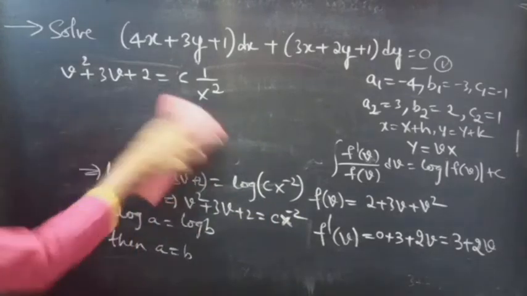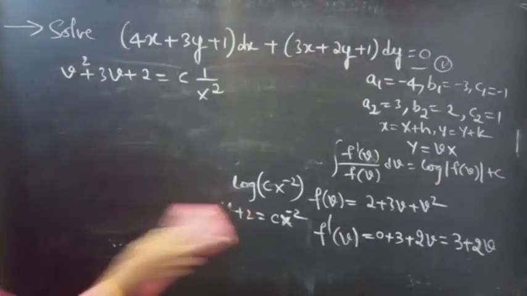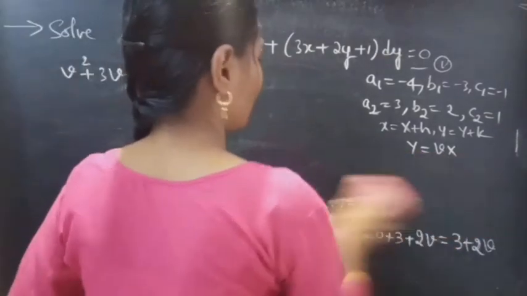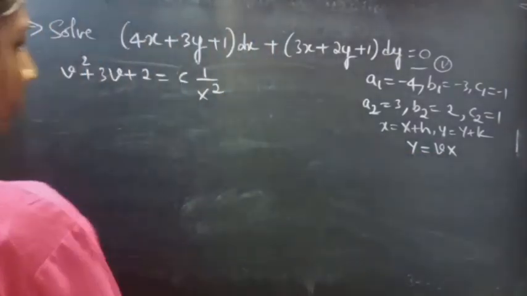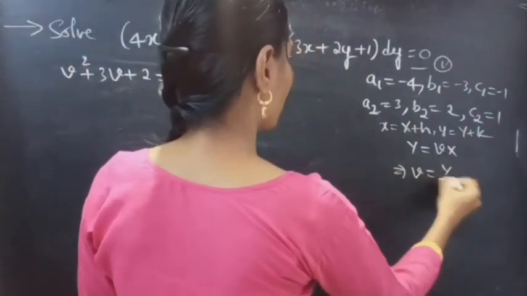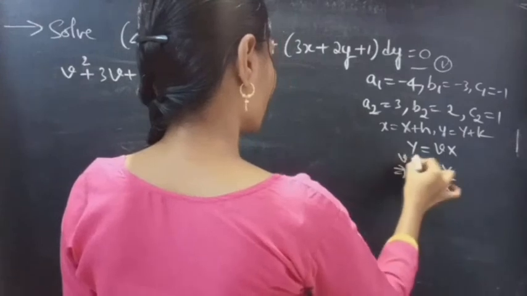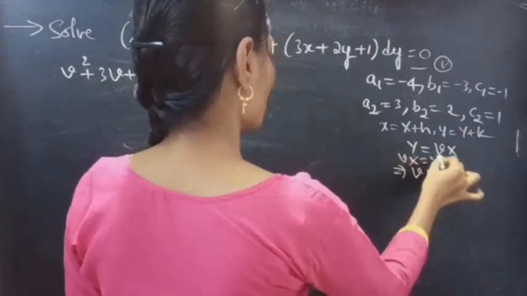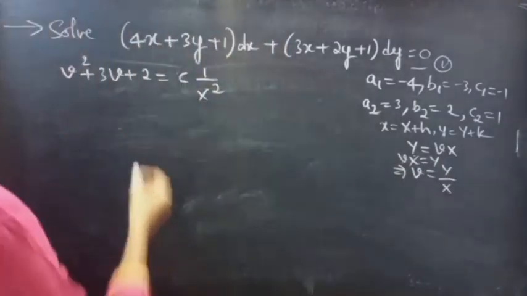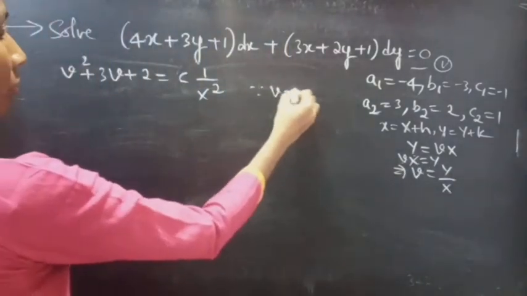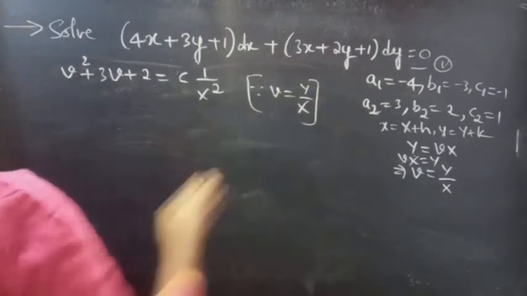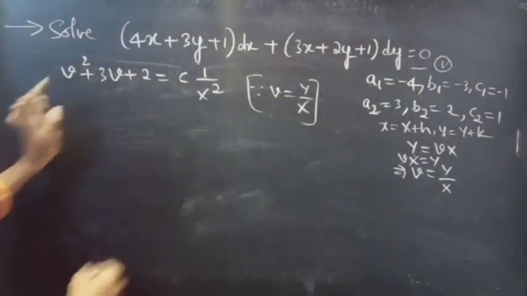Also we have y equals to vx. From this we'll get v equals to y by x. Now replace v by y by x.